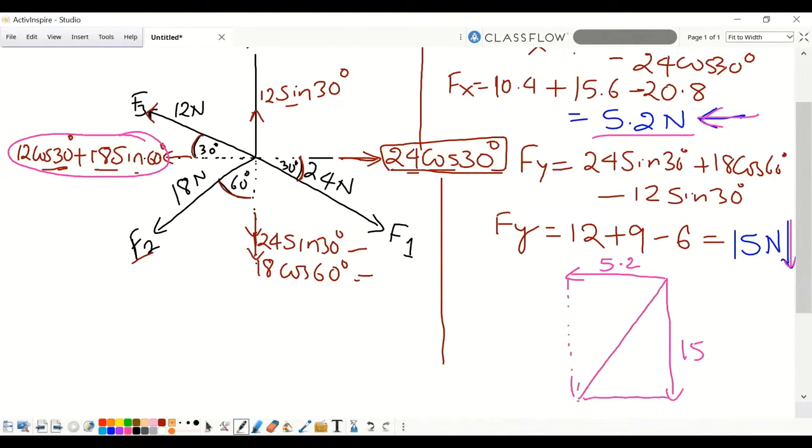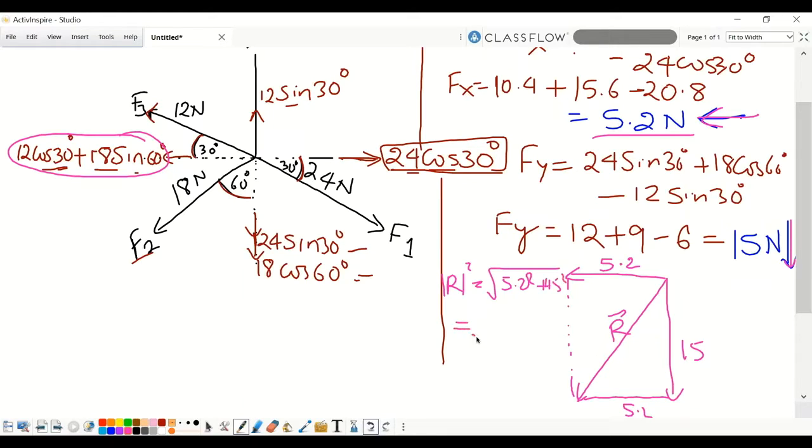This will be the resultant, which will be the diagonal of the parallelogram. So we can use the Pythagorean theorem to find the resultant vector. The resultant vector's magnitude is the square root of 5.2 squared plus 15 squared.